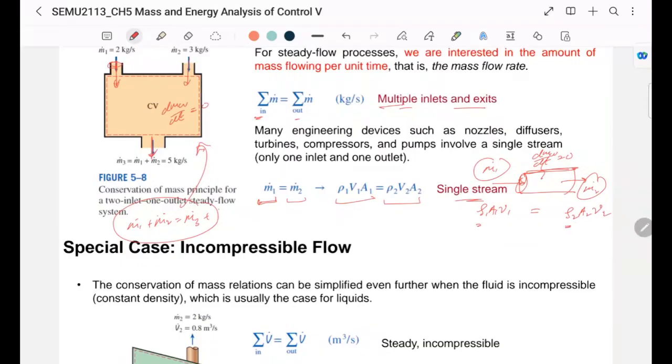When density can change, that means it's compressible or expandable. Density basically means how much mass is in the same amount of volume. If you compress it, density will increase. If you expand it, density becomes lower.